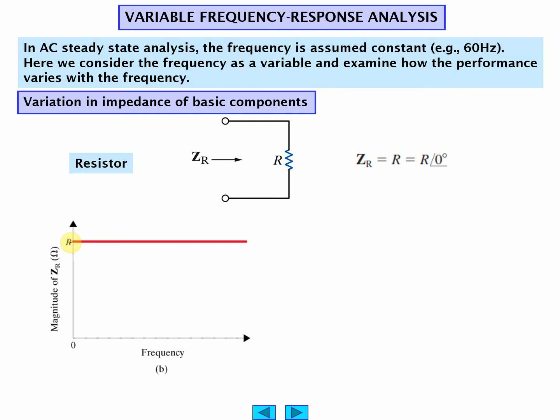So what you think is a resistor doesn't extend to infinity and beyond. There is a point where it can't transmit a certain amount of frequency, either because of its inductance or because of capacitance. Phase angle, zero, always zero.